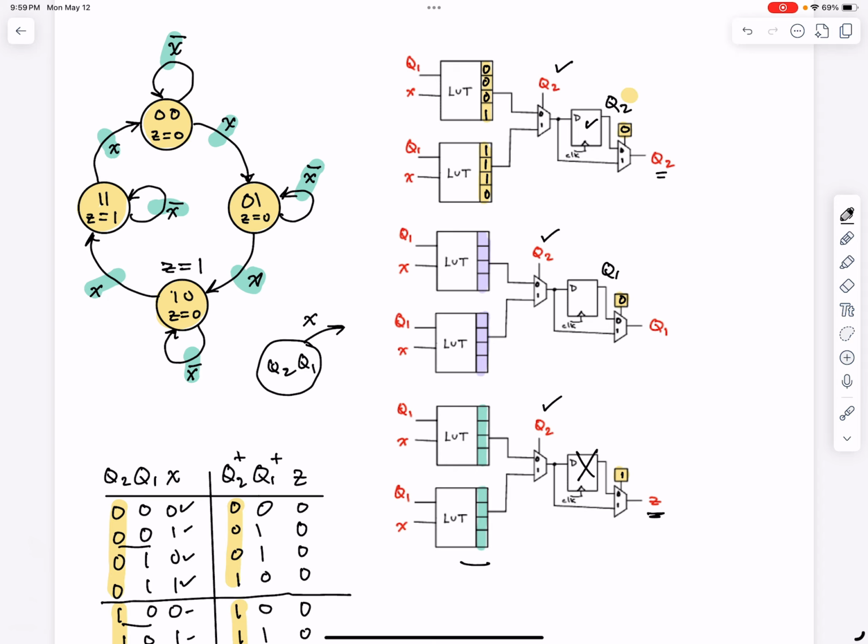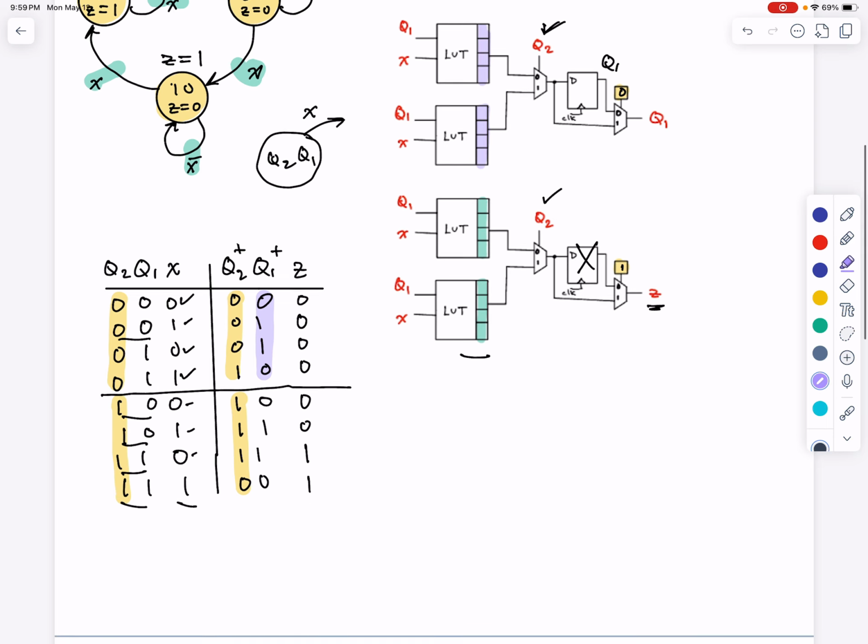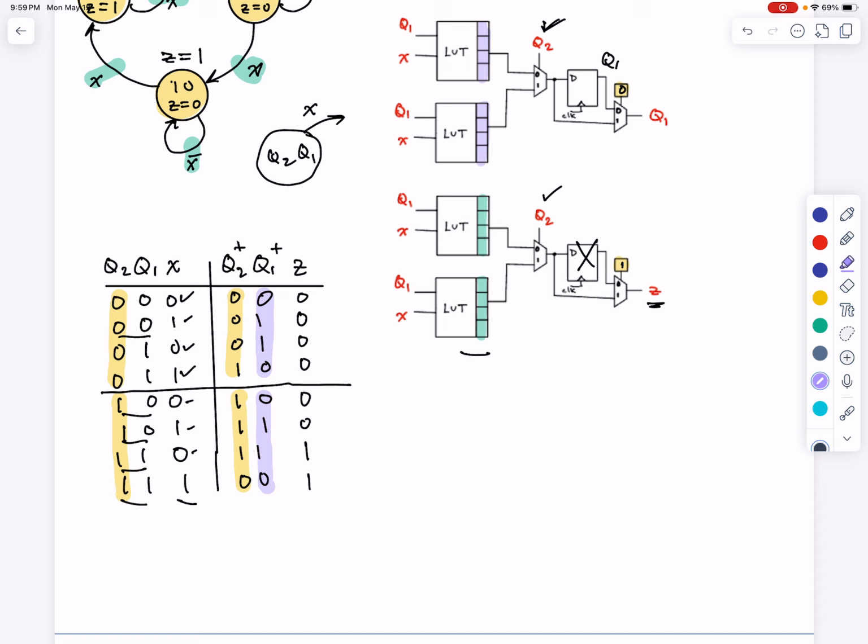Q2 is still controlling the mux for the purple highlighted LUTs. So we would look at this and choose the purple highlighter. When Q2 is a 0, we get this particular set of bits, and when Q2 is a 1, we get this particular set of bits. So we would then program the LUT to be 0, 1, 1, 0, and 0, 1, 1, 0.